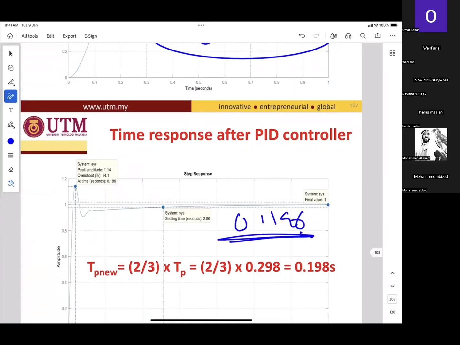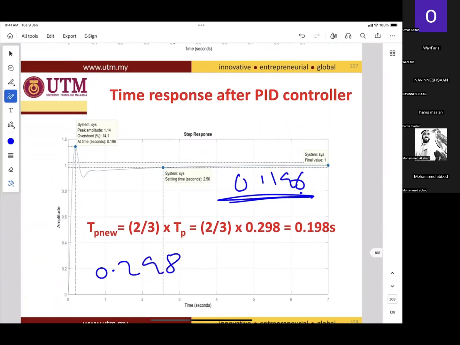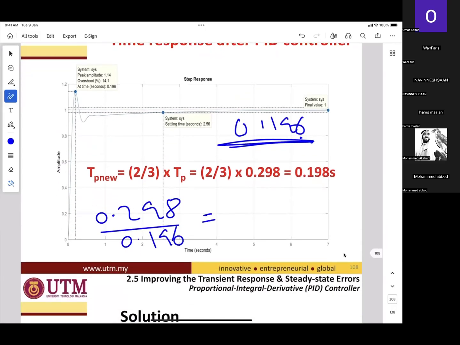So we can see the ratio, 0.298 divided by 0.196, how much? 1.5. So it's 2/3. Okay? It's 2/3, guys.